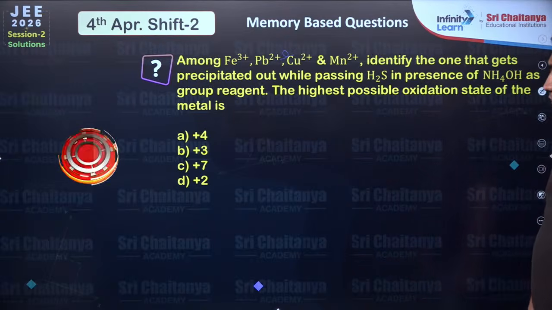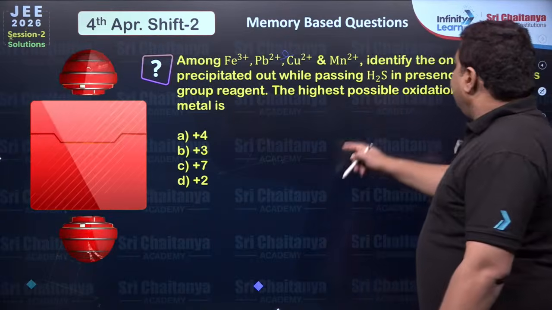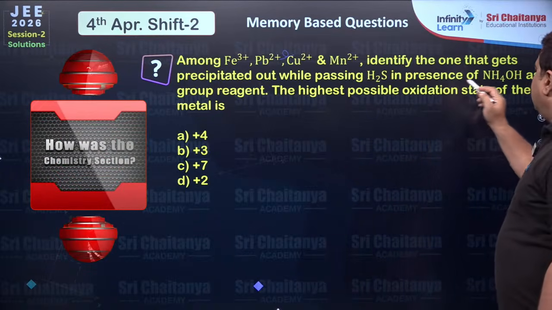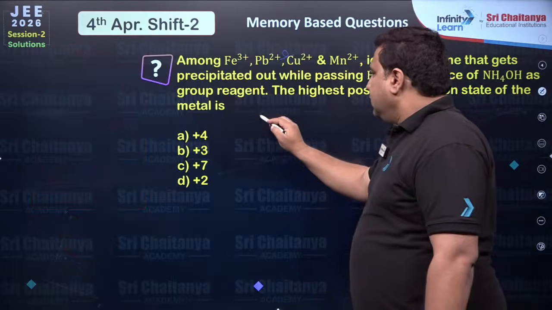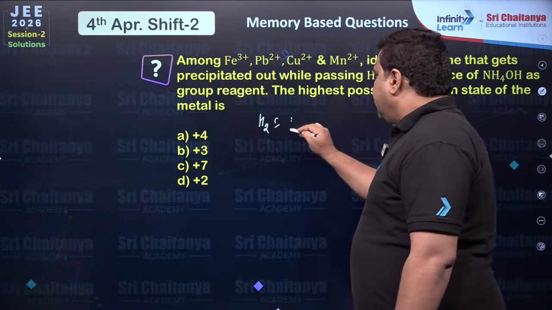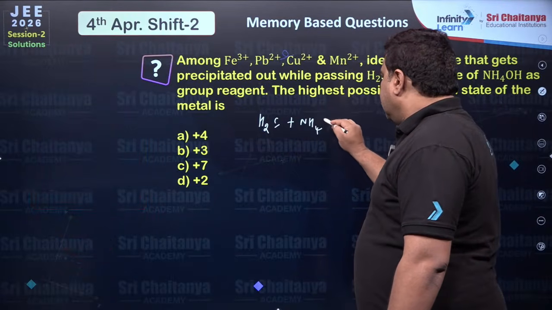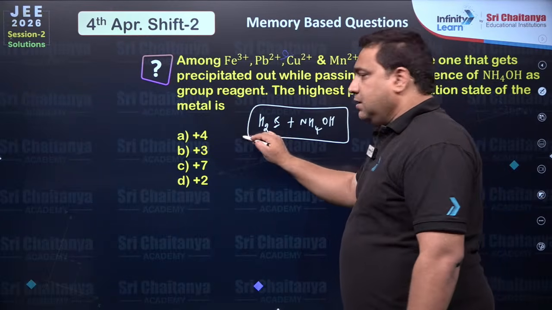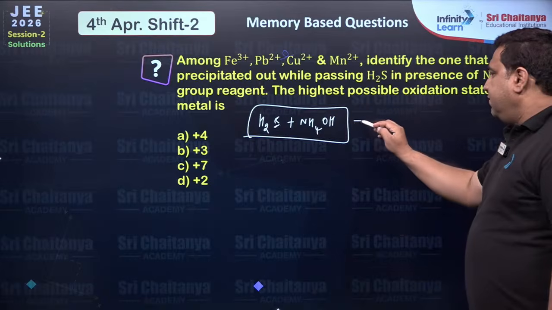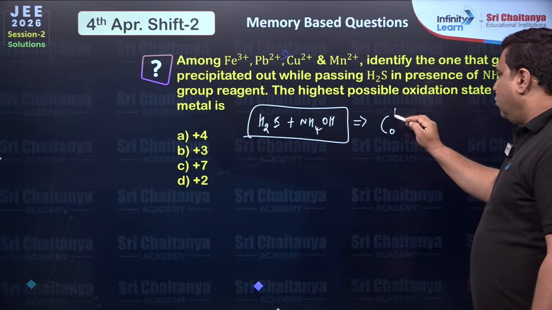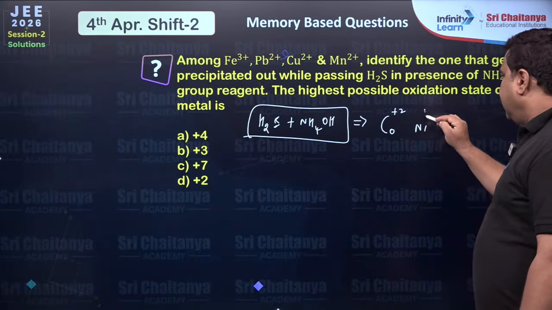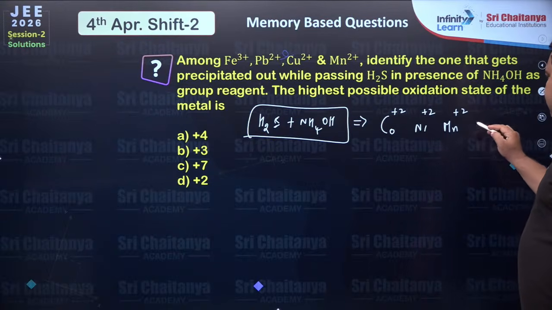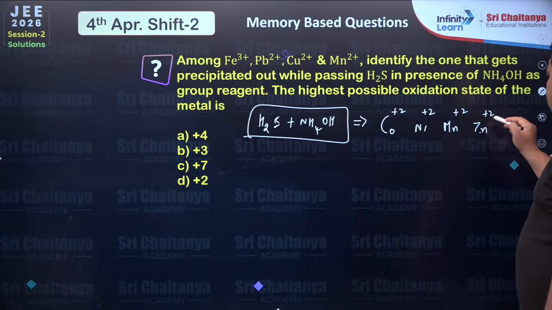Next question. Among the following, identify the one which gets precipitated out when passing H2S in presence of ammonium hydroxide. This will develop a precipitate with cobalt, nickel, manganese and zinc ions.